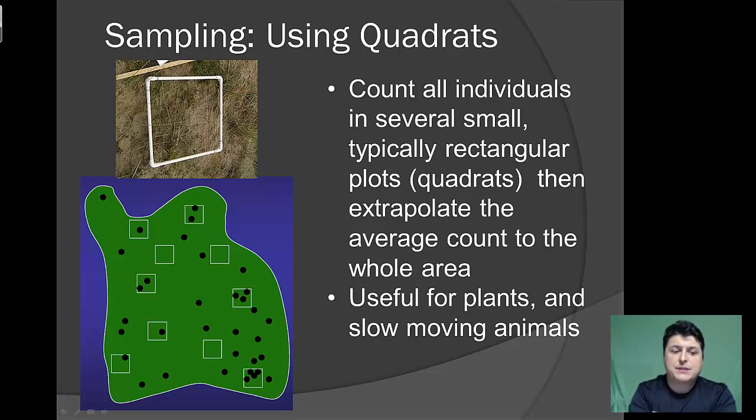With quadrats, what we do is we count all of the individuals in several small, typically rectangular plots, which we call quadrats. Then we extrapolate the average count to the whole area. For example, if this particular island was 250 meters squared in size, and each one of our little quadrats were 10 meters squared, we could count up all the individuals in each of the quadrats and then get our average.